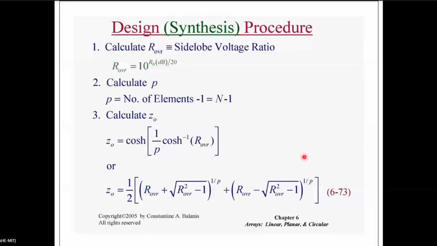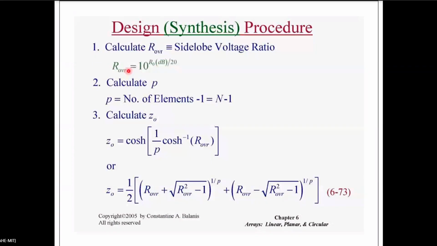I will tell you the design procedure. First, you have to find out R ratio. R ratio is given by this R naught in dB relation. 20 log R naught is equal to R naught in dB. So all of you have got how to find out the R naught value.